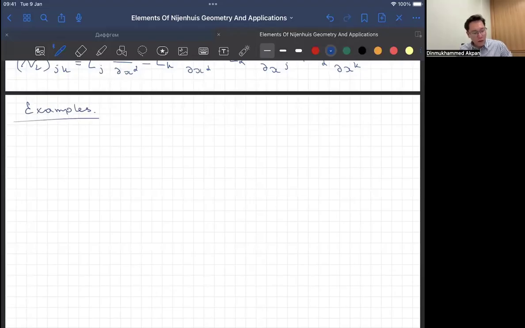For example, the constant operator field, where L_ij are some numbers. It's a Nijenhuis operator.